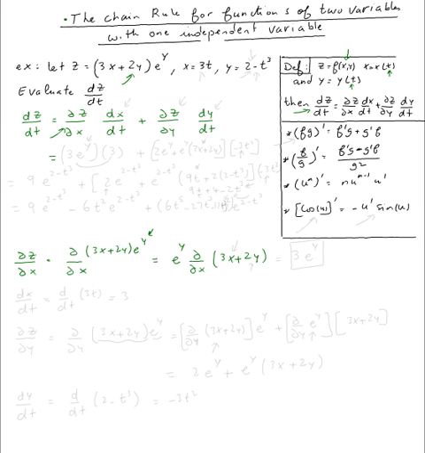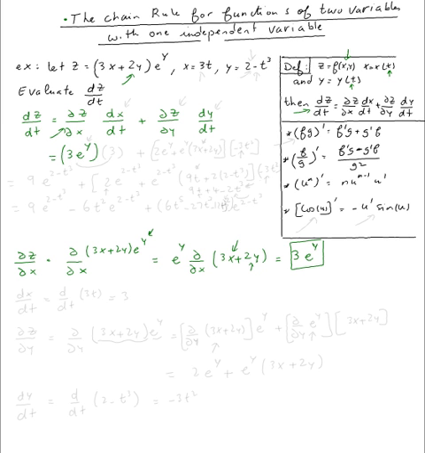The partial with respect to x of 3x is 3, of 2y is 0, so this is just 3e to the y. I'll take that and plug it in here. So it's 3e to the y.